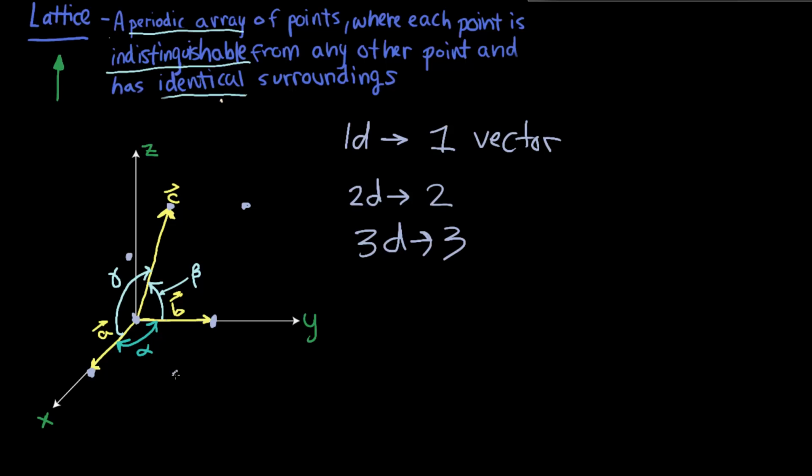Our lattice points will be infinite. They will extend off into space in a periodic way, and they will each be indistinguishable from one another. So I'll draw this box in.